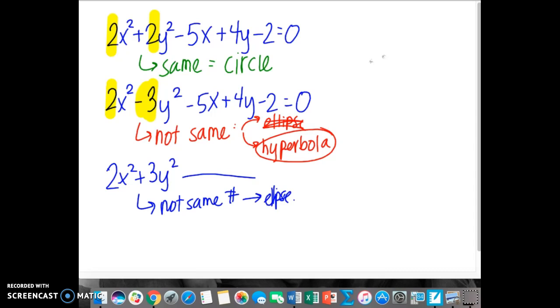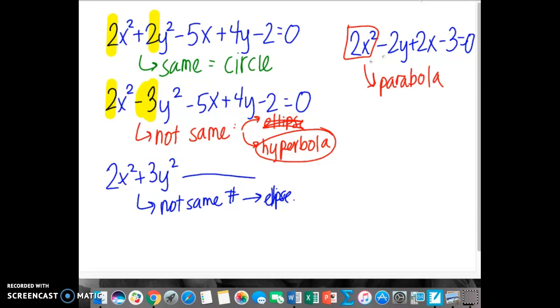Okay, and then last but not least, if we have any function or any polynomial, say 2x squared minus 2y plus 2x minus 3 equals 0, notice that I only have one squared term. This 2x squared is my only squared term. Whether it be a y squared or an x squared term, this tells us that we're going to have a parabola. Parabolas should be the easiest ones to point out just because they're the only ones with only one squared term.